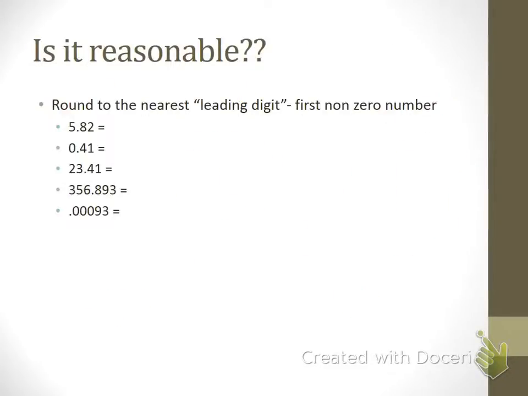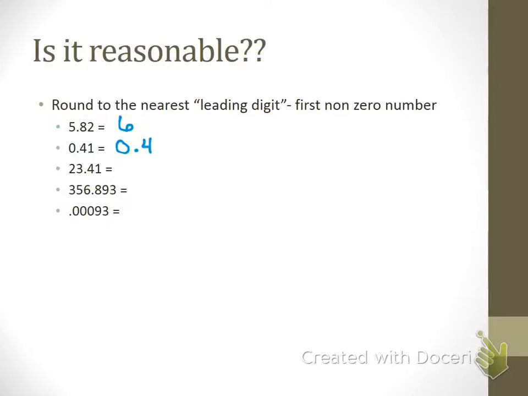Let's work a few more front-end estimation problems. I just want you to take a minute on your papers to round each of these numbers using front-end estimation. Remember, you cannot use 0 as a leading digit. It has to be a non-zero number to round. All right, let's say them all together. 5 and 82 hundredths? 6. 41 hundredths? 4 tenths.